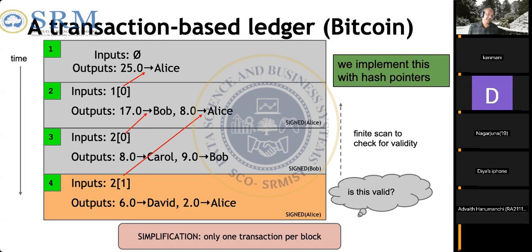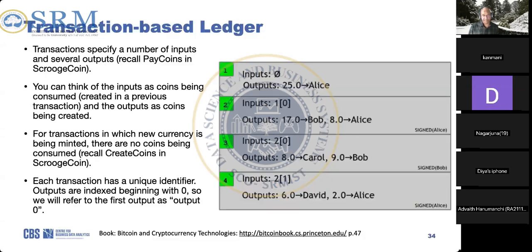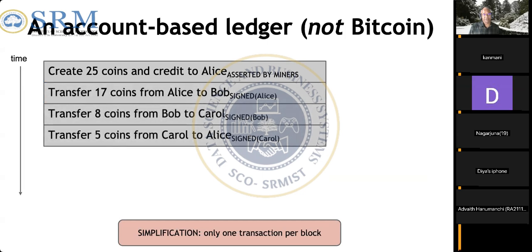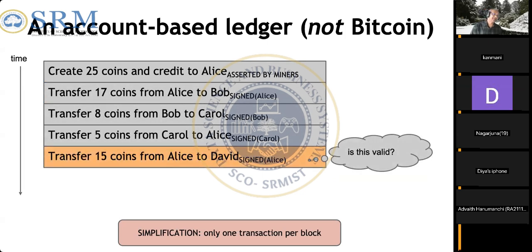So immutable coins and transaction-based ledger. That's why the verification is so fast. In the previous account-based design, if you want to verify, you will spend a lot of time, because you have to go all the way to the genesis block.